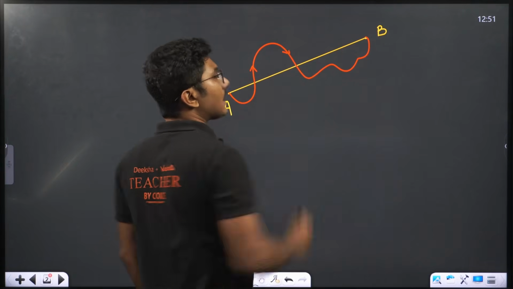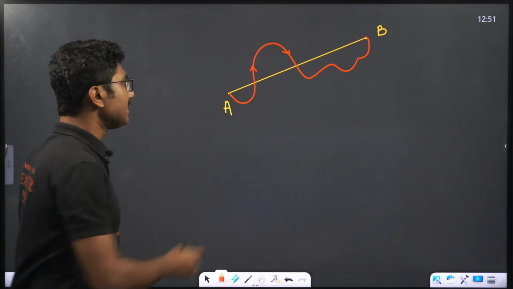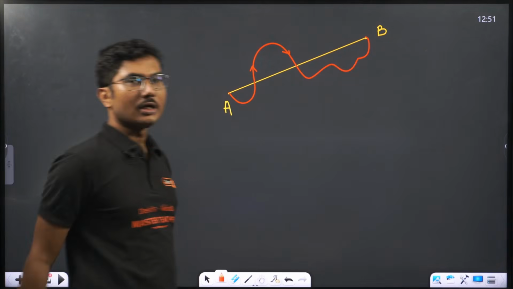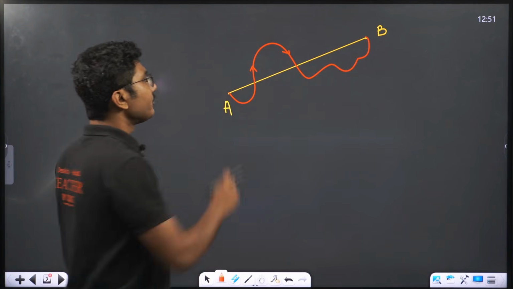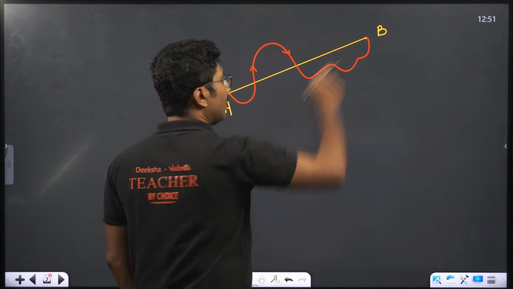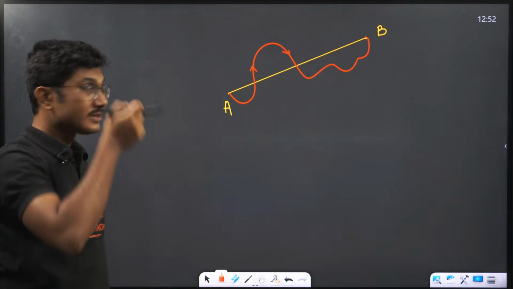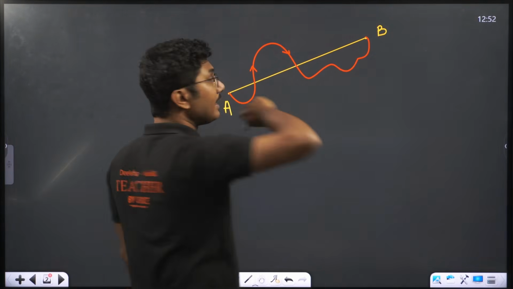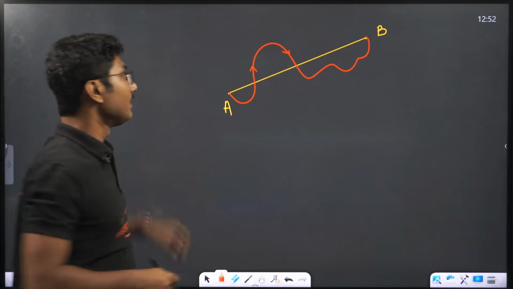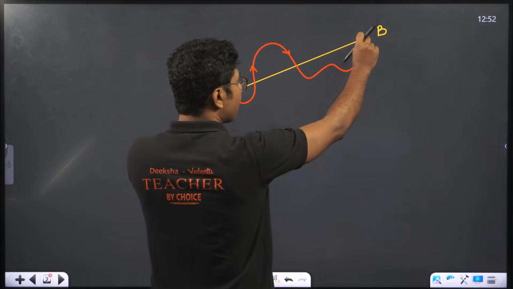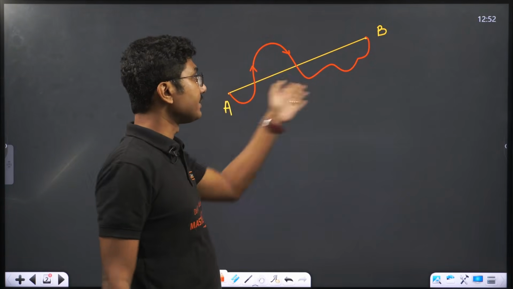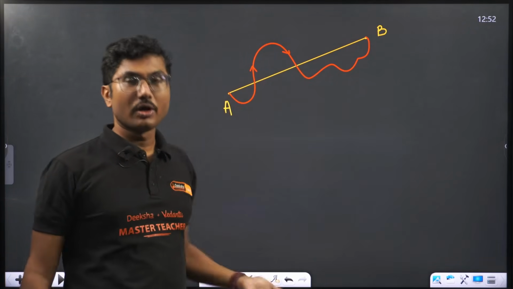The displacement is basically the straight line distance, the shortest distance between the 2 points, okay. Whereas for the total distance traveled, you have to consider the entire path length of this, right? So here the displacement is far less compared to the total distance traveled. Total distance traveled is more in the same time.